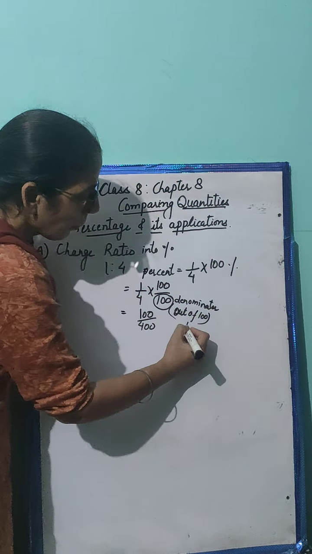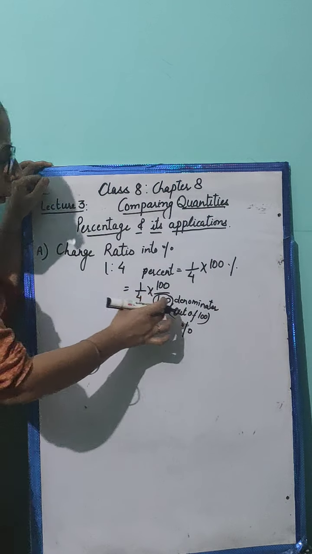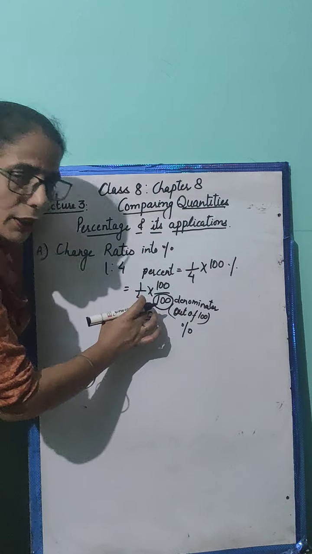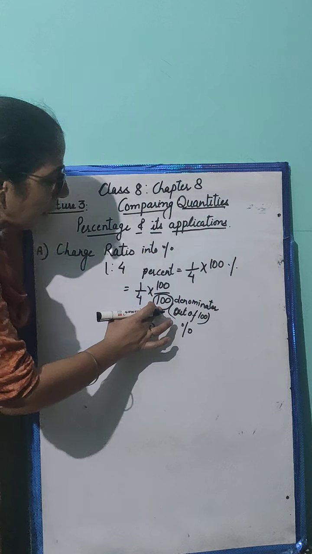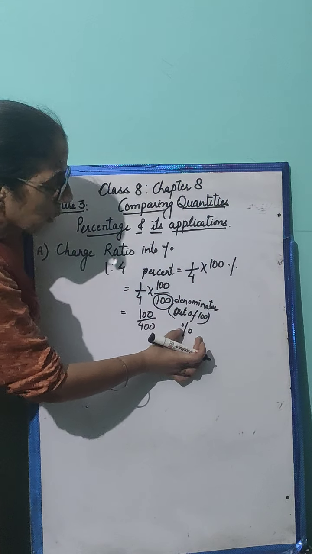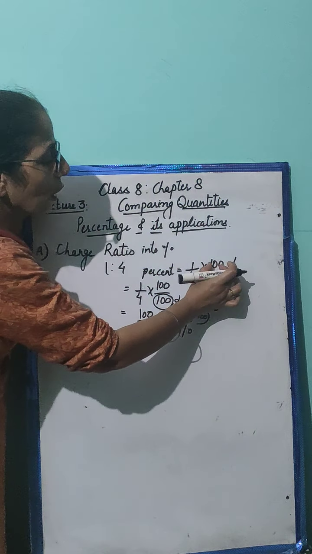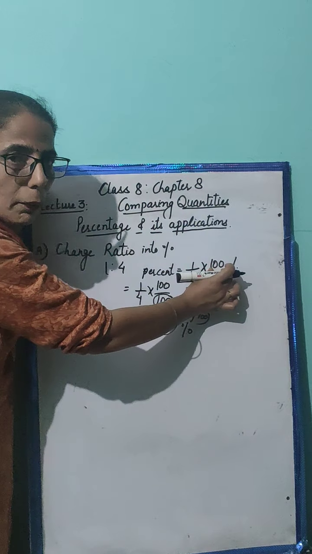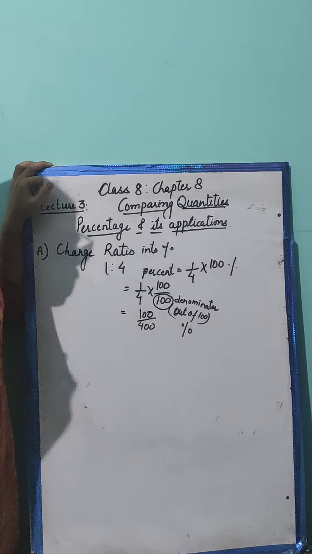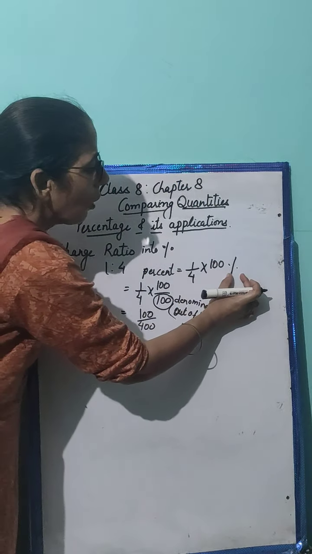I have multiplied with 100 and divided by 100, but the denominator 100 turns into the sign of percent. So whenever we multiply any number with 100, we must put the sign of percent.